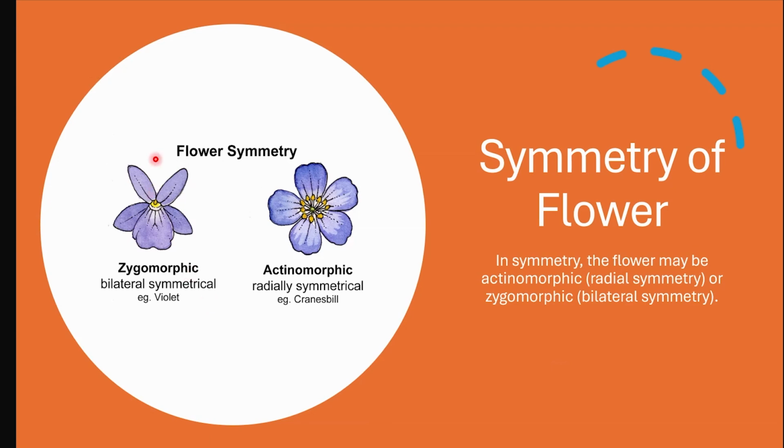So in this case, this is that plane. Actinomorphic or radial symmetry means that if we draw any straight line across this flower, it will divide it into two equal halves, right? So that is what is known as actinomorphic or radial symmetry.